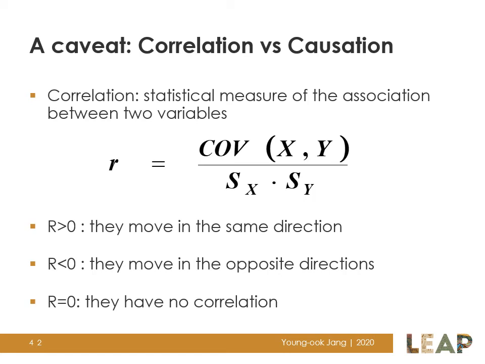There is a formula that you can use to calculate the correlation, and if R, the correlation, is bigger than 0, it means that they move in the same direction. If R is smaller than 0, then they move in opposite directions. If R is close to 0, that means that they have no correlation.